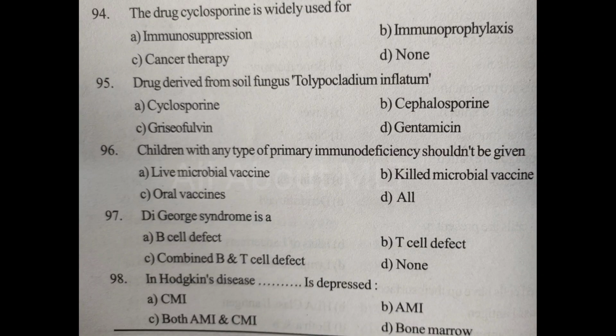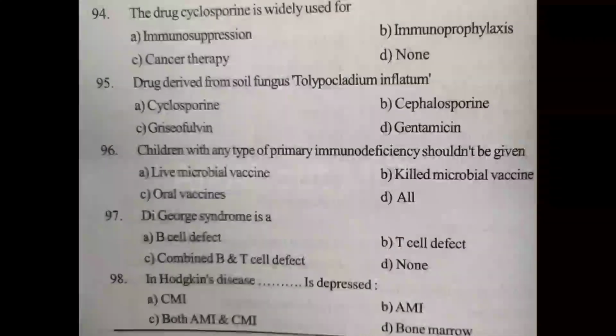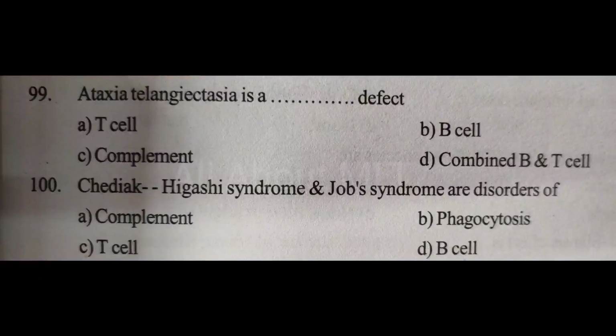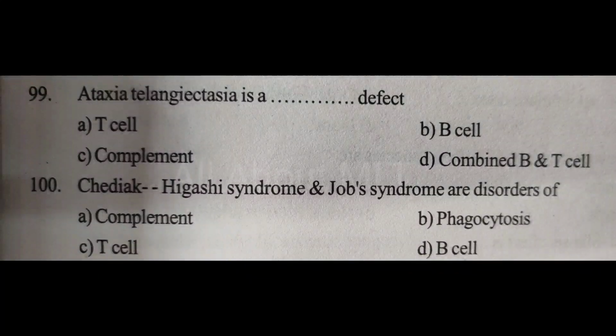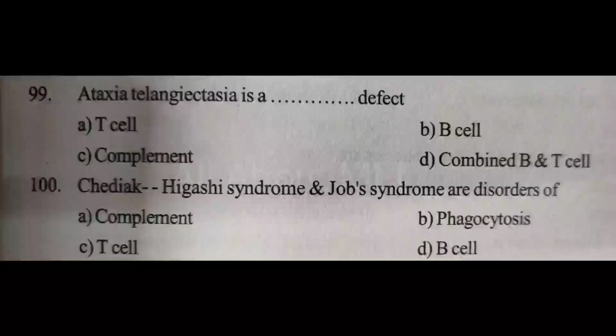In Hodgkin's disease, dash is suppressed. Option A, CMI. Option B, AMI. Option C, both AMI and CMI. Option D, bone marrow. Answer is option A, CMI. Ataxia telangiectasia is a dash defect. Option A, T cell. Option B, B cell. Option C, complement.